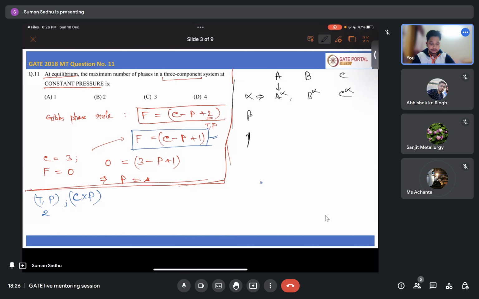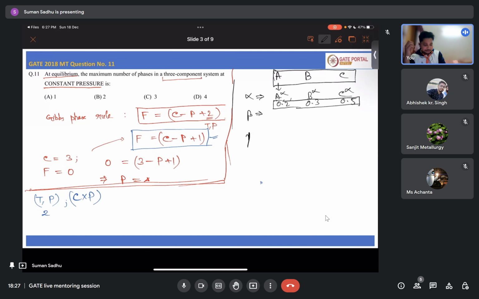Yes, sir. So for the alpha phase composition, let's say the composition of alpha is 0.2 of A, 0.3 of B, and 0.5 of C. So we need to tell the composition of three components A, B, and C, because you have a three component system here. Now the composition of beta will not be similar to the composition of alpha, it will be something different.